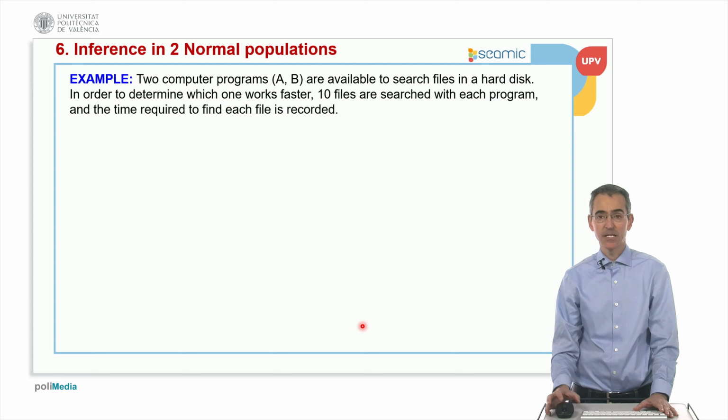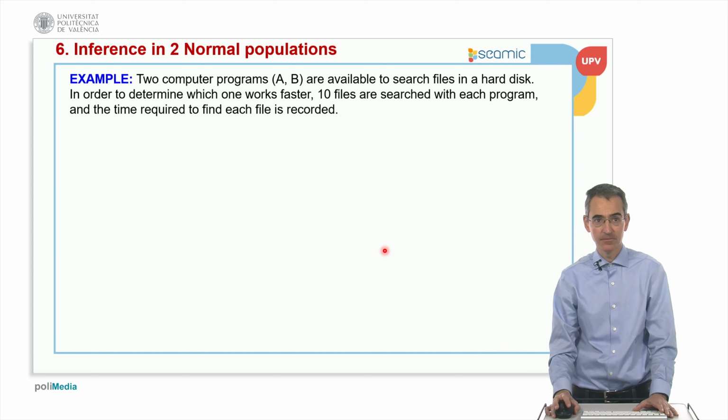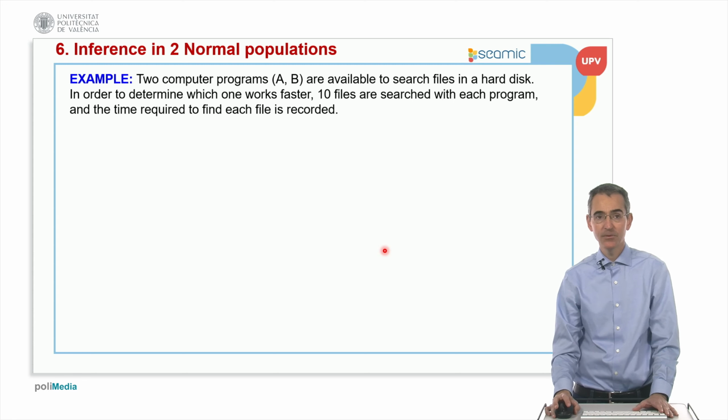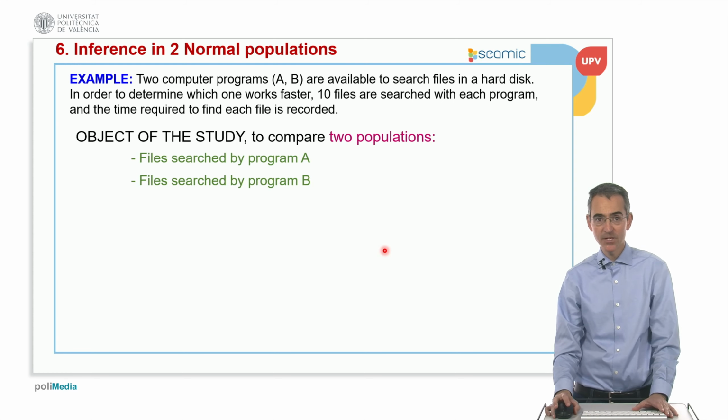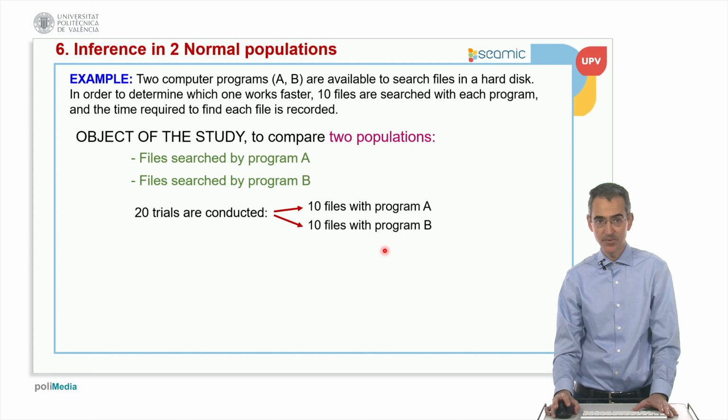Imagine, as I was saying, that we have two computer programs that can be used to search files in a hard disk. In order to determine which one works faster, we take a sample of 10 files searched by each program, and then we measure the time required to find each file. So the objective is to compare two populations: files searched by one program and files searched by another program.